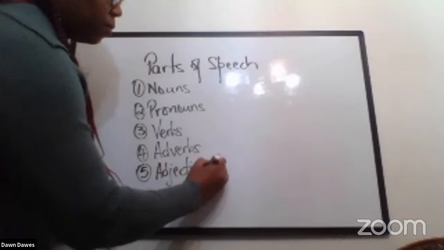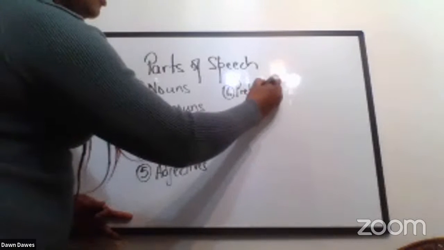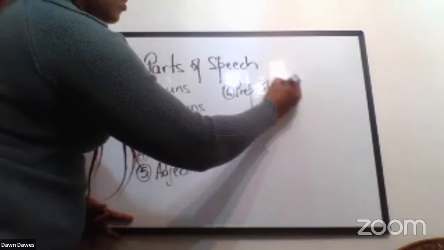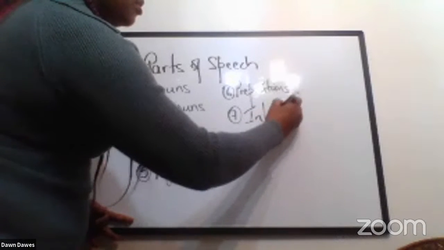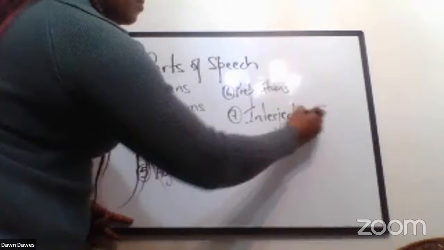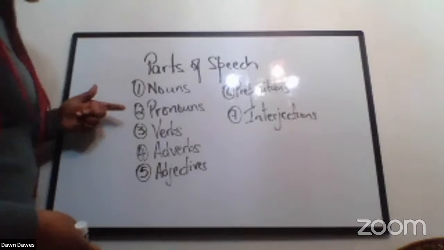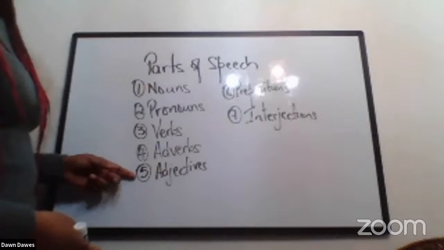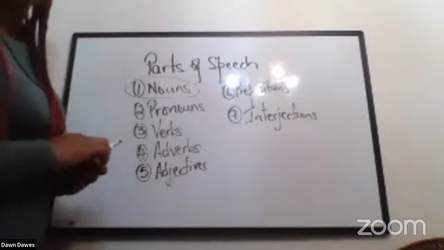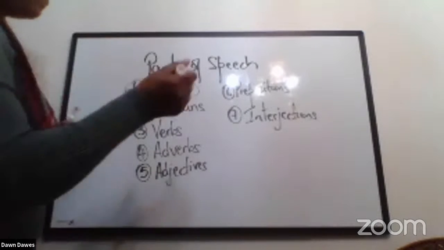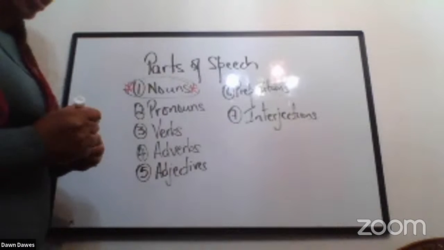Adjectives, prepositions, and interjections. Okay, so we have nouns, pronouns, verbs, adverbs, adjectives, prepositions, and interjections. And this is the one that we will be actually looking at today.